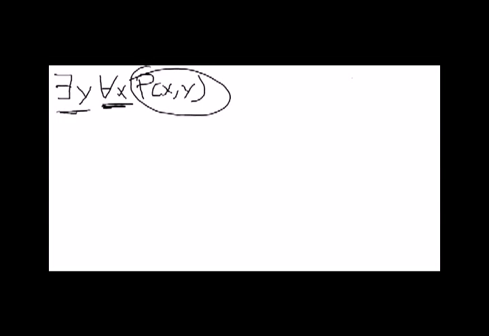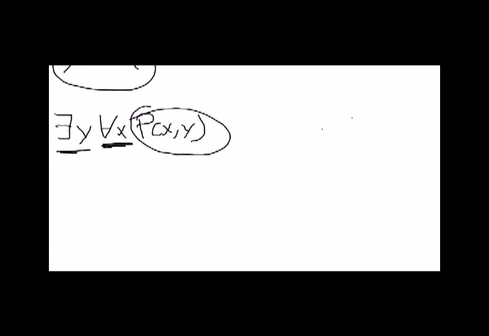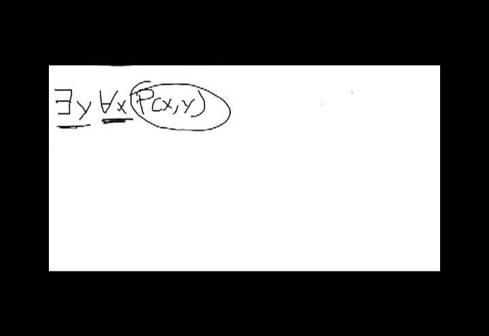That doesn't make any sense because, going back up here, we know that the only time y plus x is going to be 0 is when y equals negative x or x equals negative y. And that doesn't hold true for multiple values of x or multiple values of y. Therefore, this statement, given our interpretation, is false.